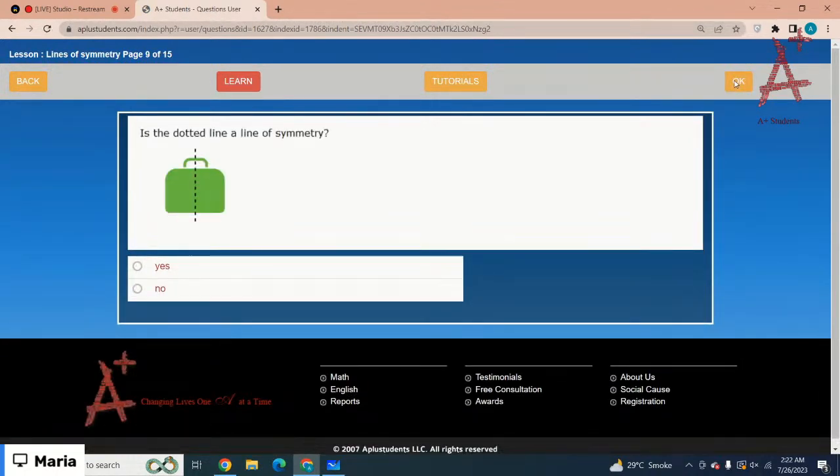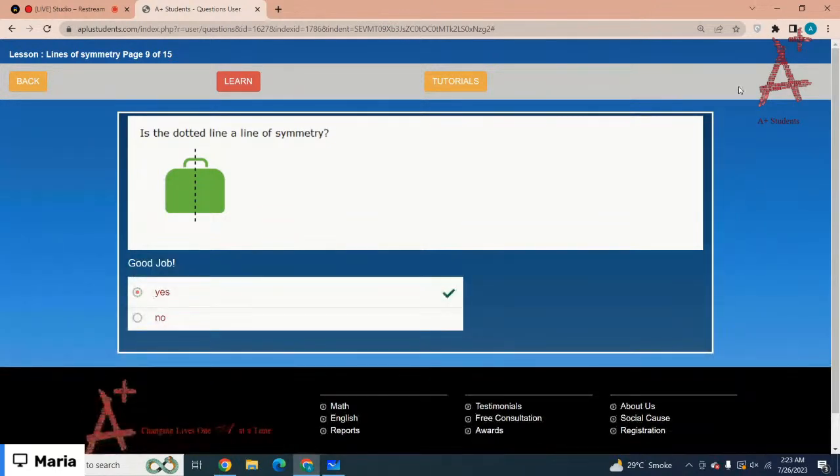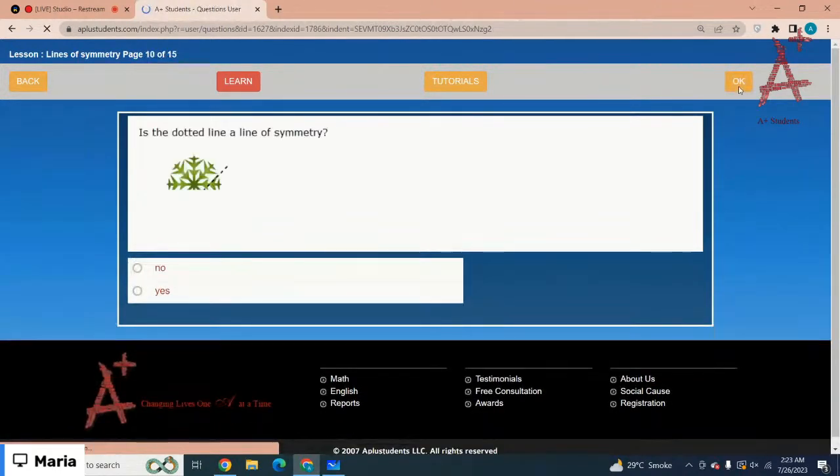Is the dotted line a line of symmetry? Yes, it is a line of symmetry. If you imagine folding the shape along the dotted line, the two sides exactly match up. So the correct option is yes. Is the dotted line a line of symmetry?